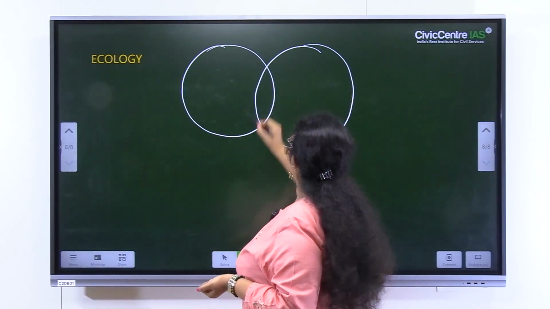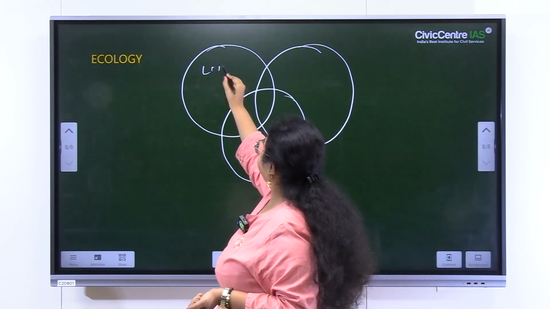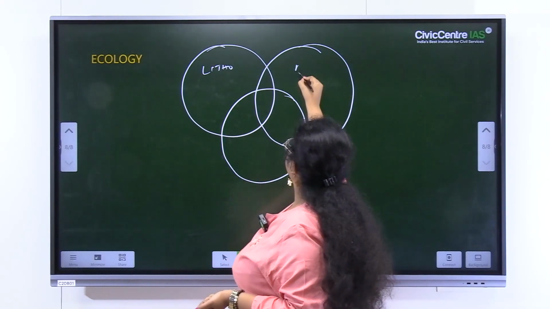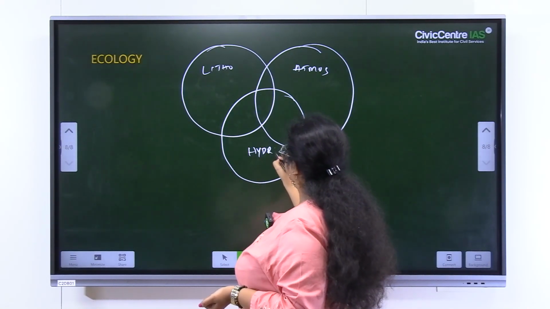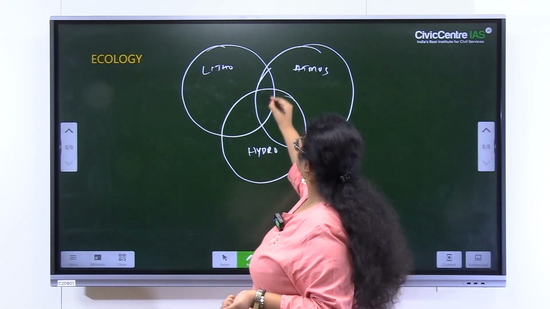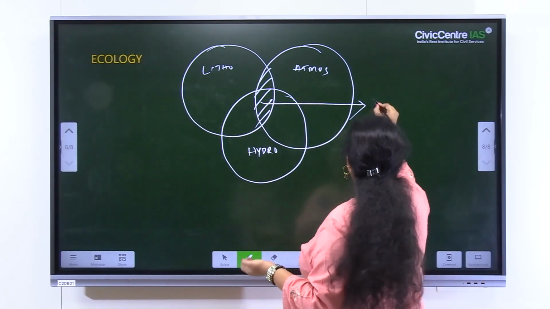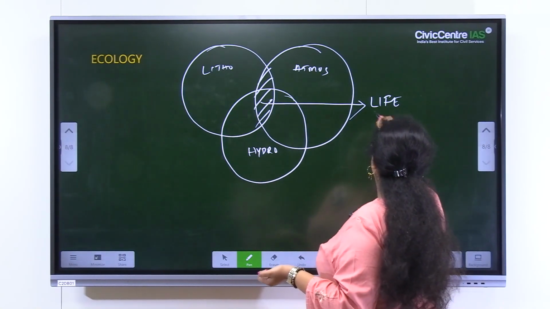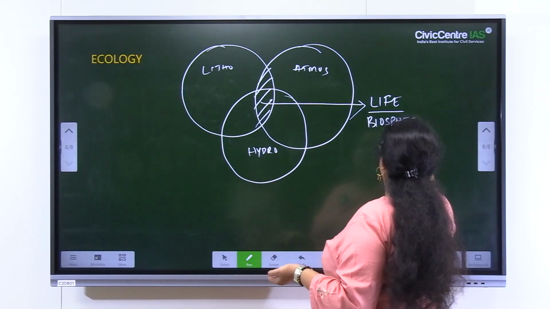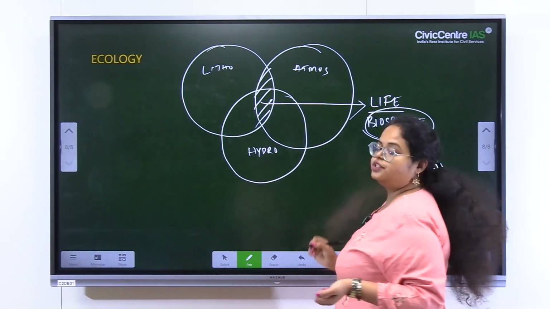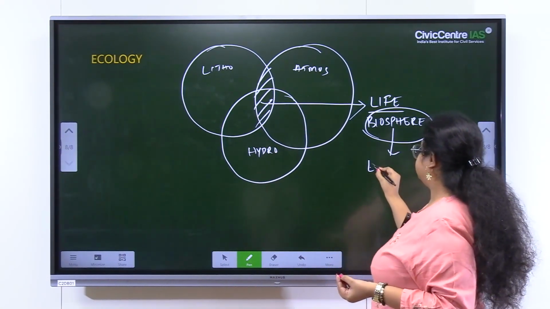Environment consists of different components, that is the lithosphere, the atmosphere and the hydrosphere, and the junction where all these spheres conducively form an environment for life is called biosphere. Now to understand the functions of biosphere, the functional unit of biosphere is an ecosystem.